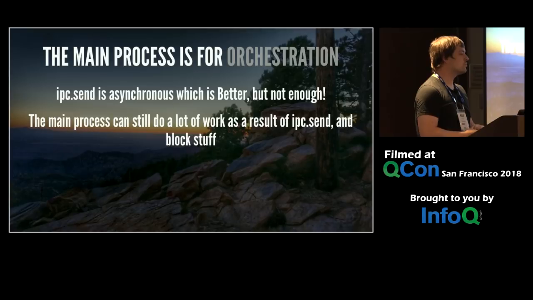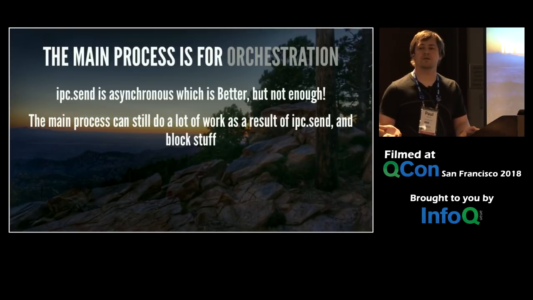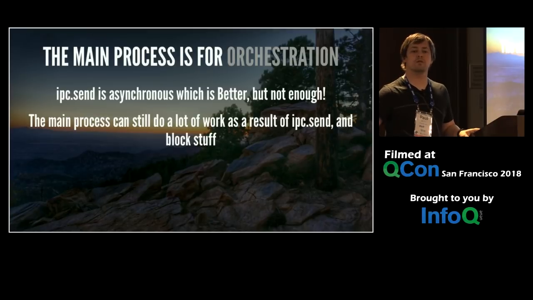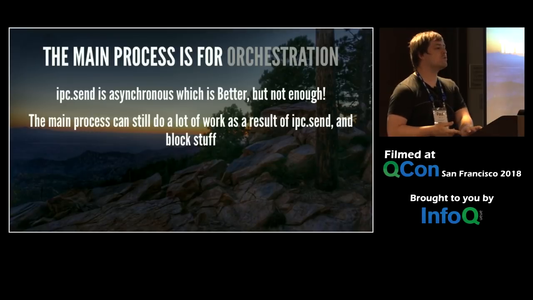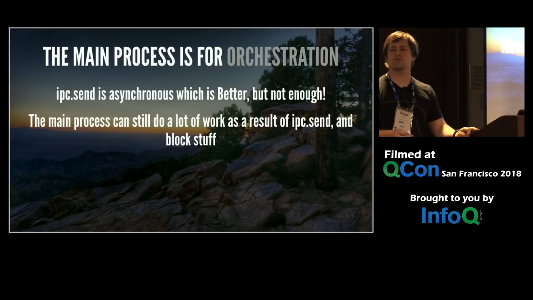So Electron actually exposes IPC between processes, so we can send messages between the render and the main process. And it exposes a synchronous way that actually stops and asks for a response. What's tricky is that one of the things that's really common in Electron is to use the remote module. How many people have ever used the remote module?